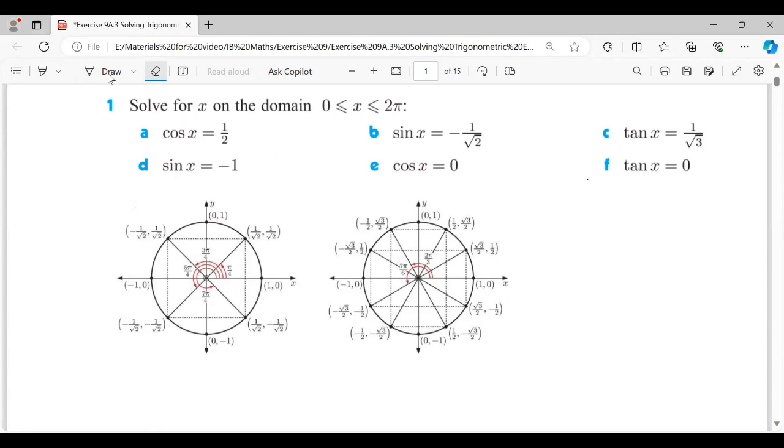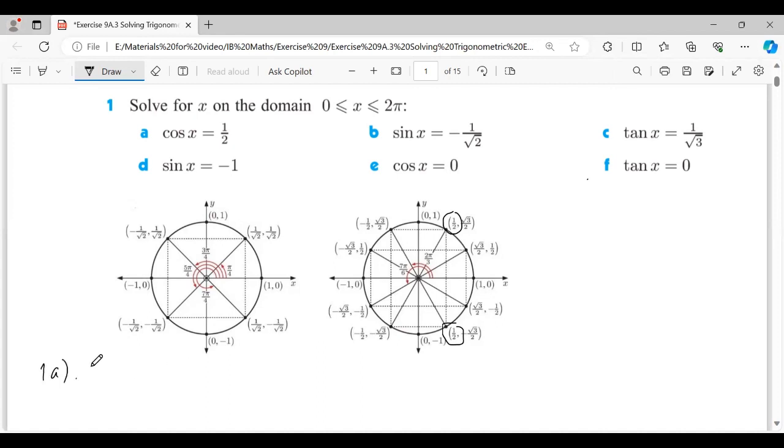So how about cosine x equals half? Cosine x equals half at this number and this number. So it means this is 2 over 6 pi, and this one is 10 over 6 pi.